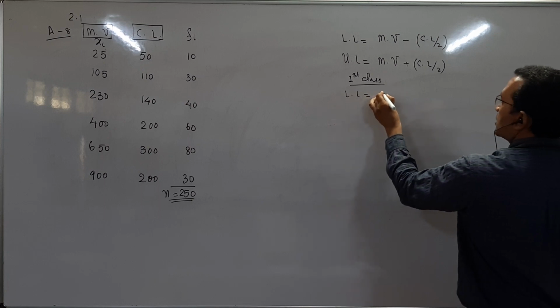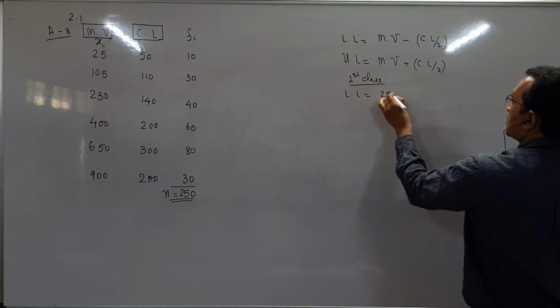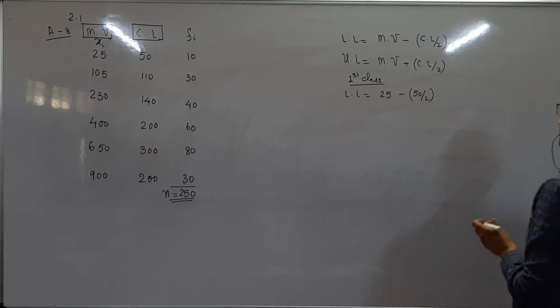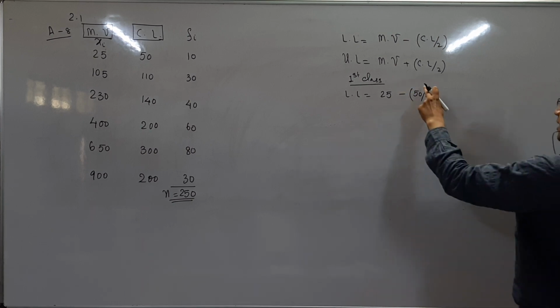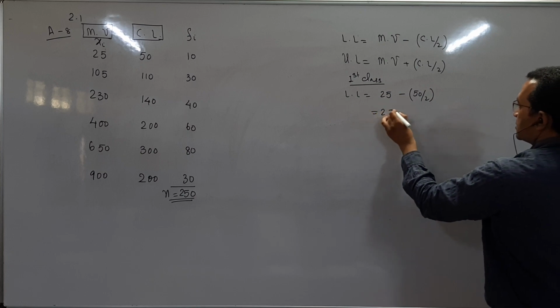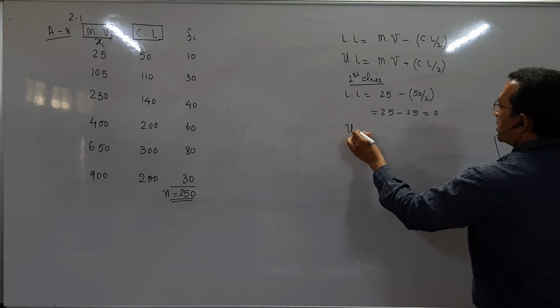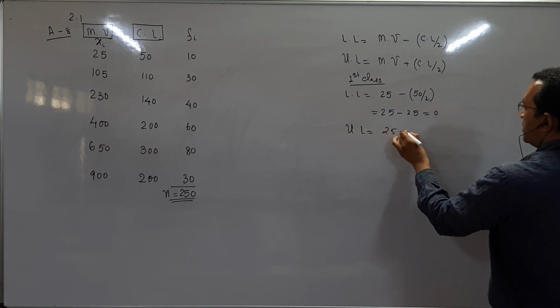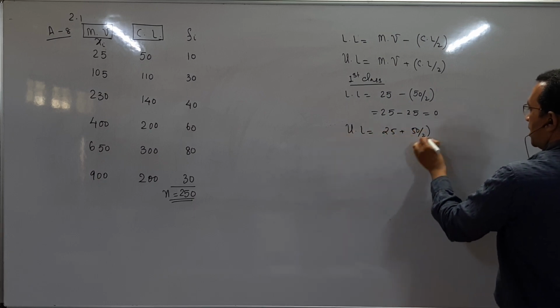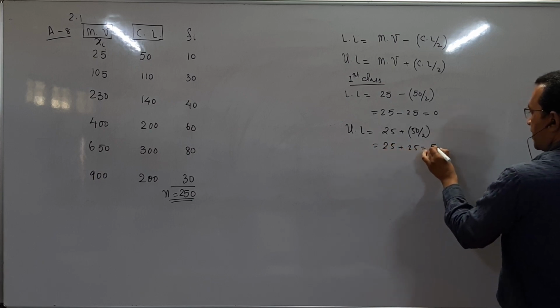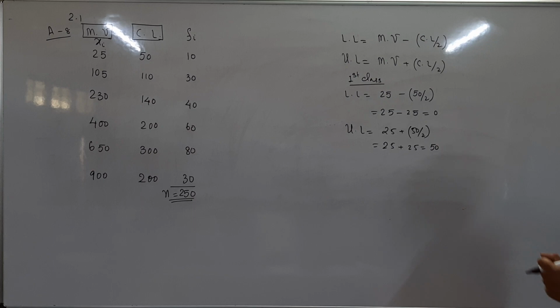Lower limit is equal to mid value minus half the class length. So this will be 25 minus 25, which is 0. And upper limit of the same class is mid value plus half the class length. So it is 25 plus 25, and that is how much? 50.